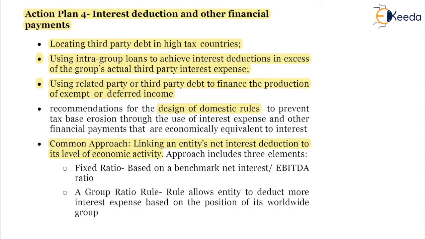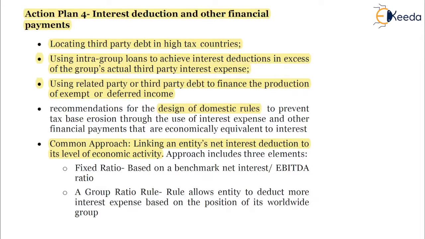Right? So this is the common approach, and it includes three elements. First, fixed ratio, with the denominator as EBITDA. EBITDA is nothing but earnings before interest, tax, depreciation and amortization. So whatever are the earnings will be the denominator and the numerator will be interest. So in proportion to EBITDA, you will be allowed interest deduction.